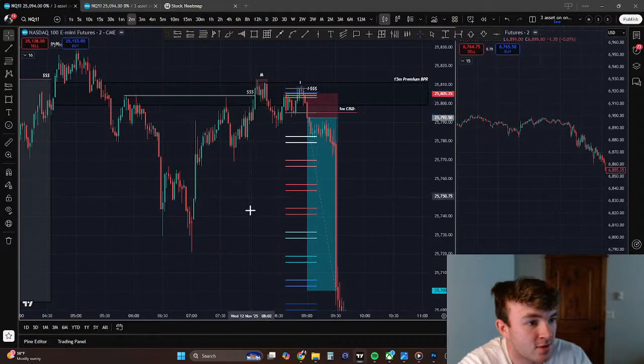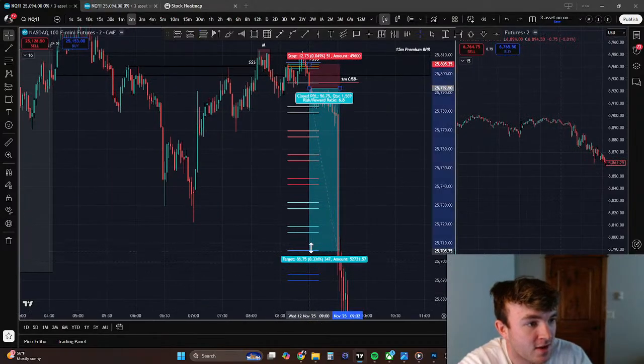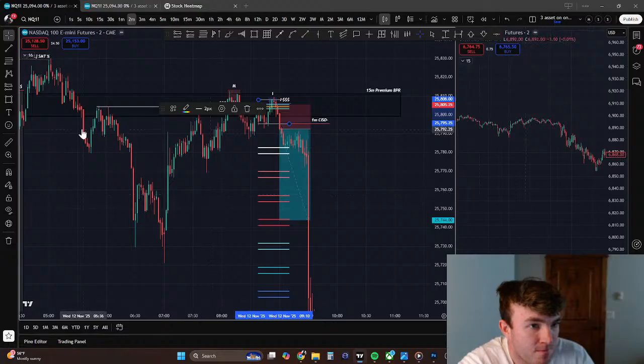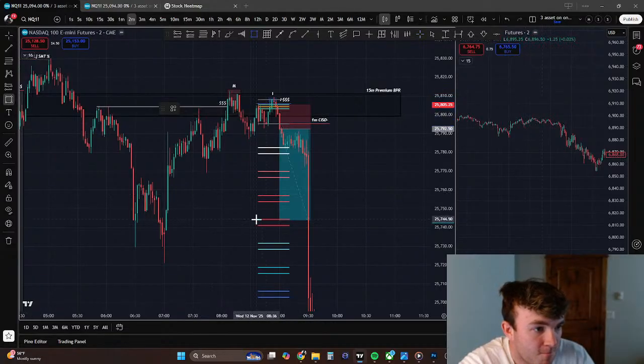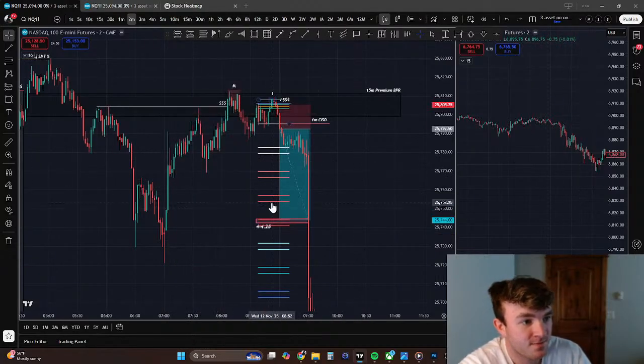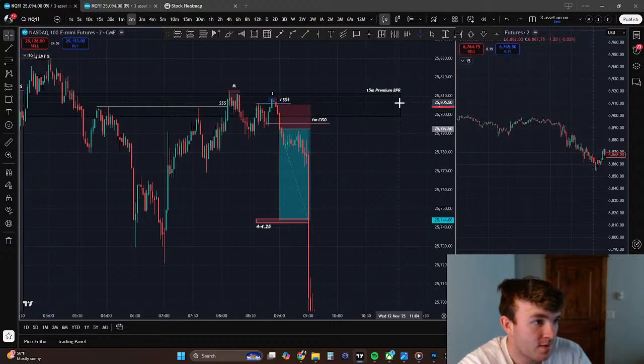So 1, 2, 3, 4, bang. You could even target 7 projections. I'm not going to mark this as flow state because it's not the aligned time frame. I'm just going to mark this as a change in state closure.